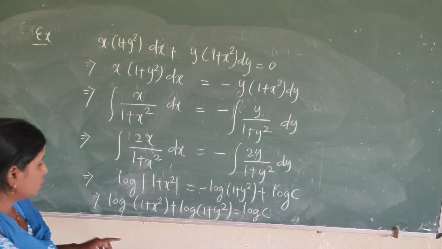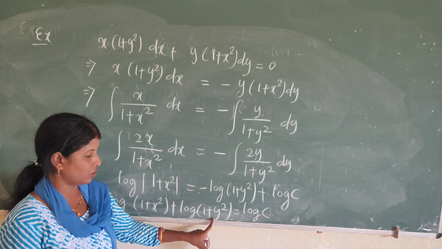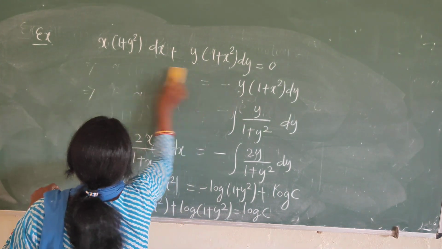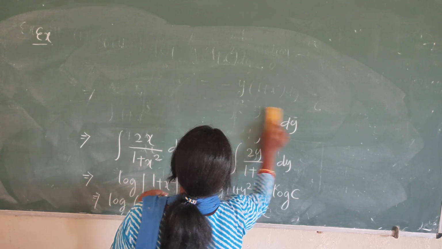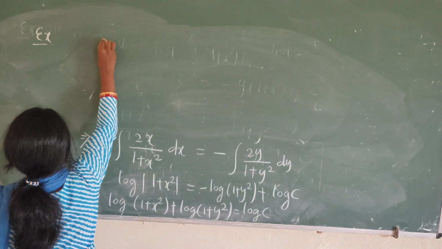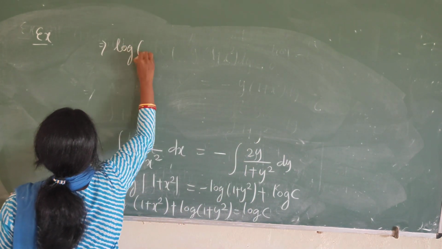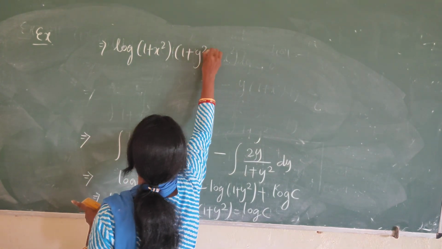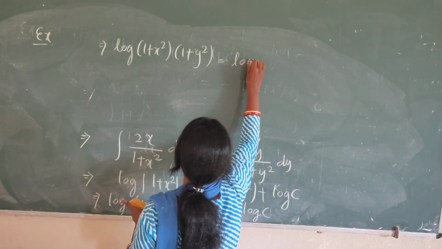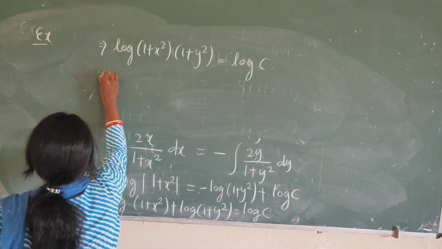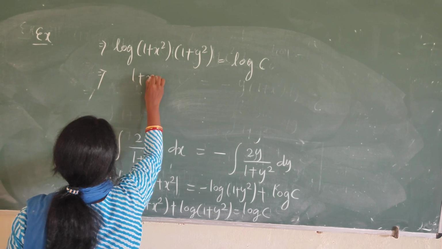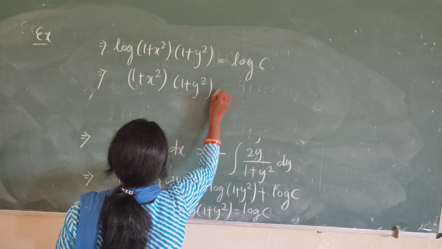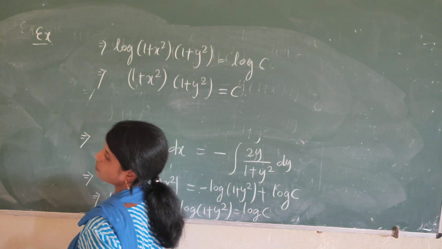Then log of (1 plus x square) into (1 plus y square) equal to log c. Then we get our solution: (1 plus x square) into (1 plus y square) equal to c.